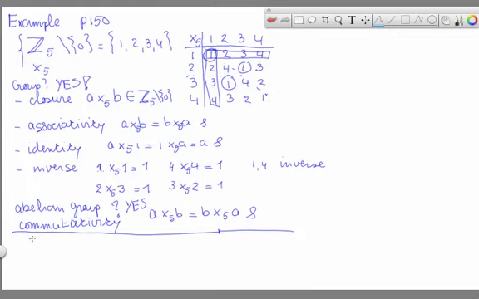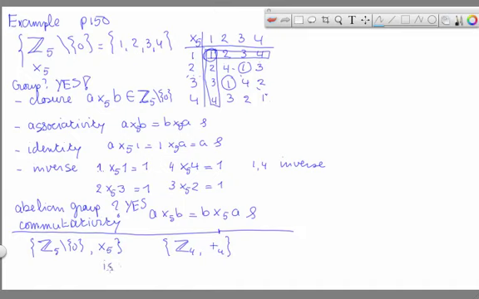isomorphism. So I have this group Z5 without the 0 with the operation multiplying modulo 5, and I take another group which is Z4, the first 4 elements of Z, combined with the addition modulo 4.